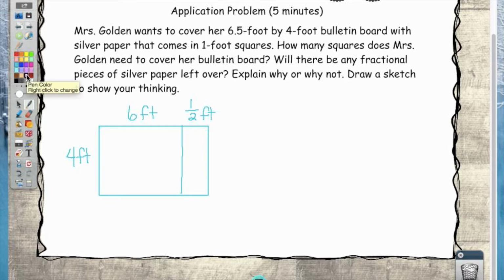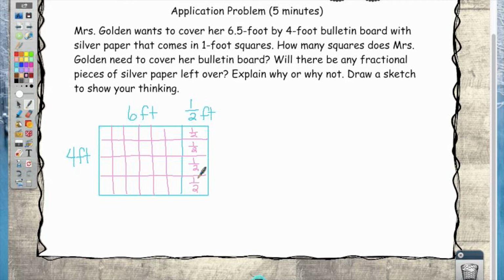I want to remind you how we did this the last 2 days. So we went ahead and drew boxes to represent all the tiles that we would need. And we even wrote down 1/2, and then did we put 1s in all these?